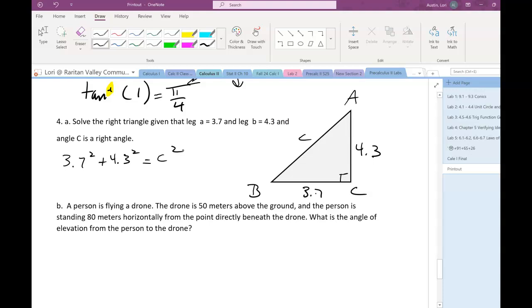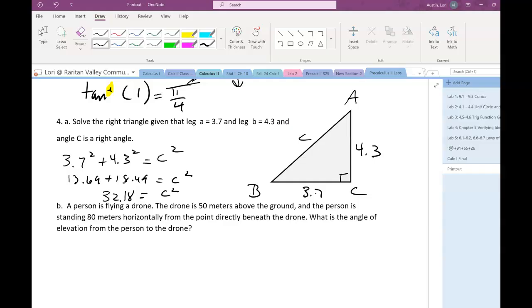So grab your calculator. 3.7 squared is 13.69, plus 4.3 squared, and take the square root.